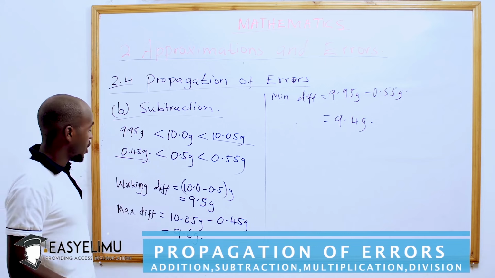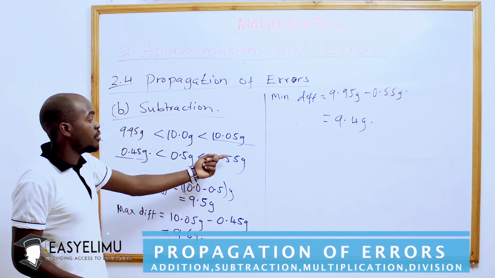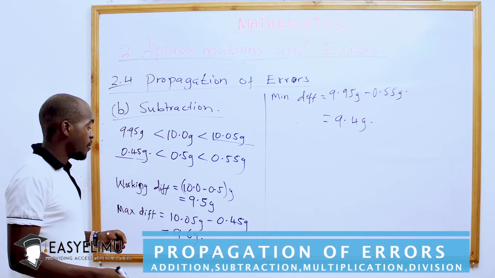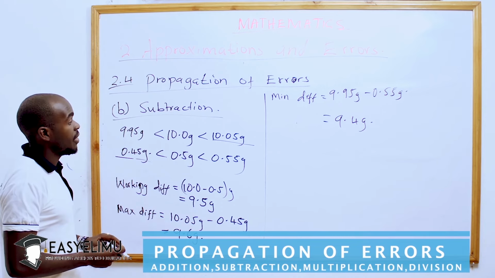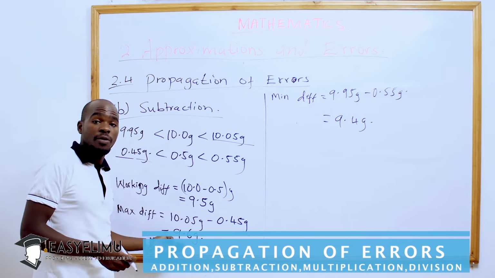And if you do the other way, here we got 9.6, but if you do this one, it's going to give you 9.5 actually. And that is not the maximum. So the maximum is 9.6 grams.